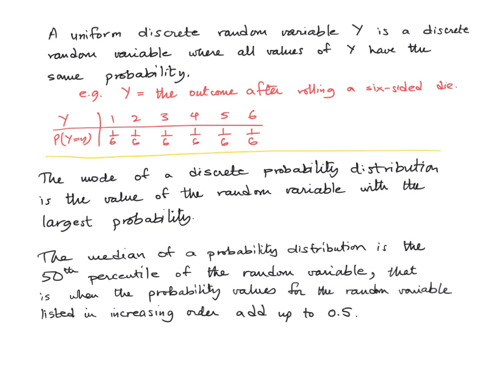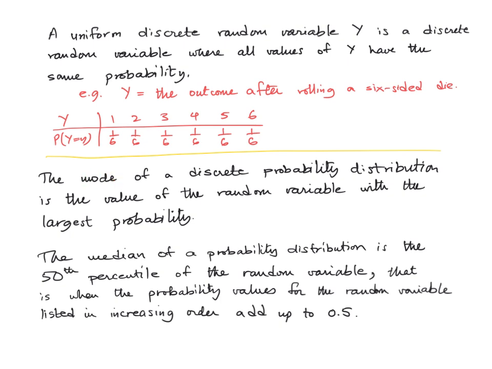However, if I roll a regular six-sided die, then each of the outcomes, 1, 2, 3, 4, 5, or 6, which are numbers already, so I don't have to find a number for it, each of them has a probability of 1/6. Therefore, this is a uniform probability because all the values of the random variable have the same probability.